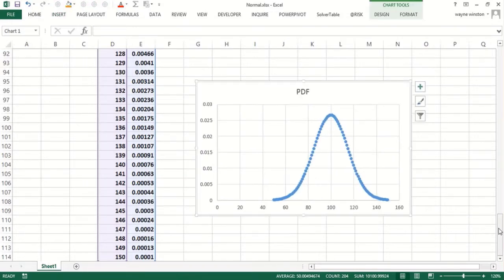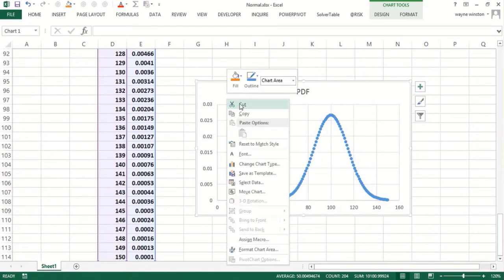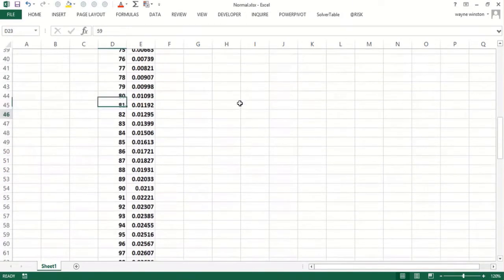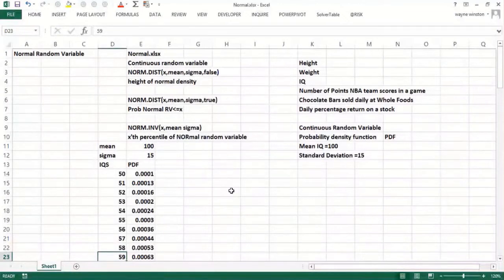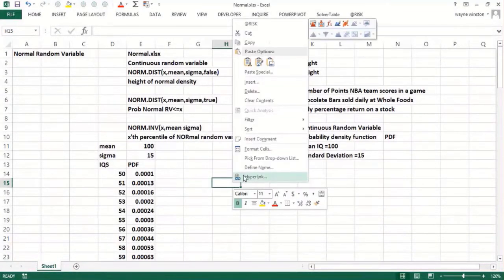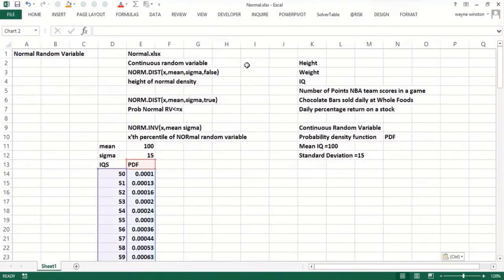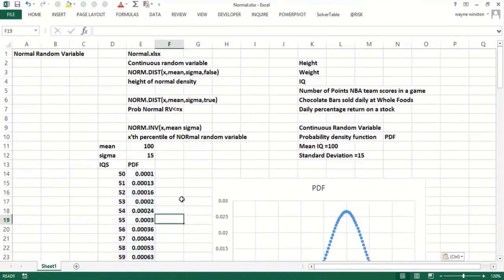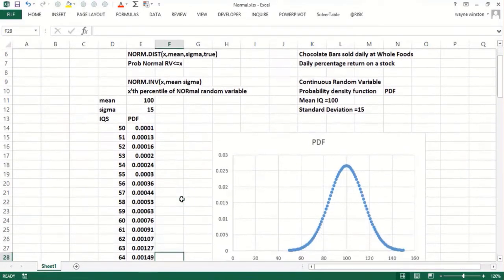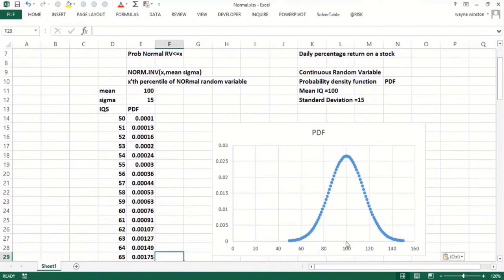Okay, so the mean is 100, standard deviation is 15. Let's move that up a bit. Okay. Let's first look at this. Where is the highest density? The height of the density indicates how much probability is around that value.